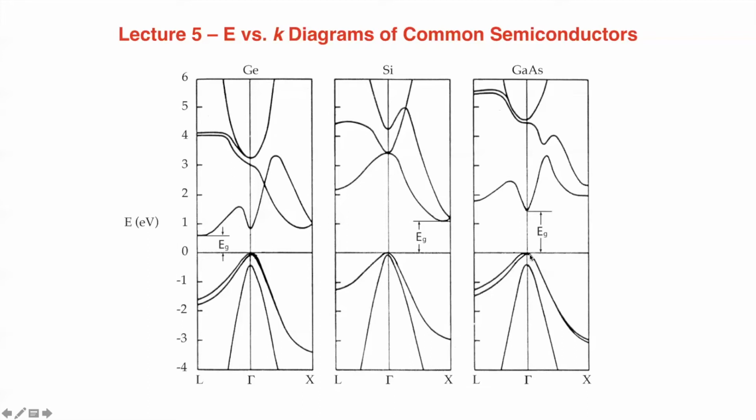But in any case, that's how you look at these things, and just by looking at that E versus K diagram, you can very quickly see things like the Fermi energy, the band gap, and decide whether or not the charges are going to be delocalized and have high charge mobilities. You can decide whether the probability of the transition is high or low, and whether or not the material is likely to be photoluminescent. So very, very powerful stuff.